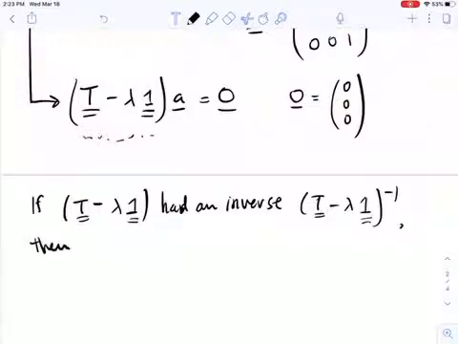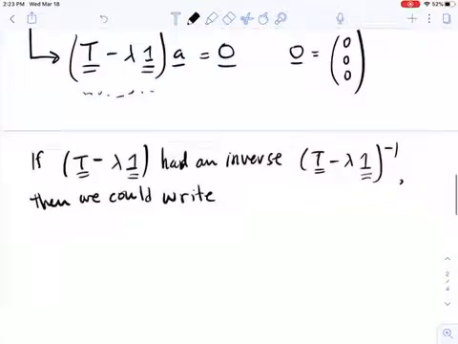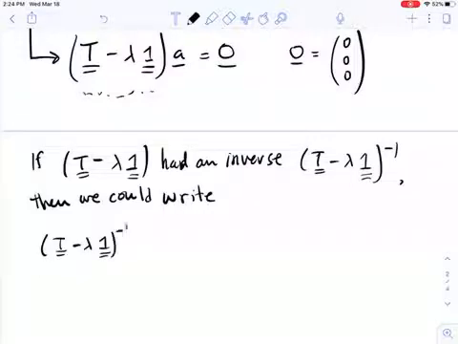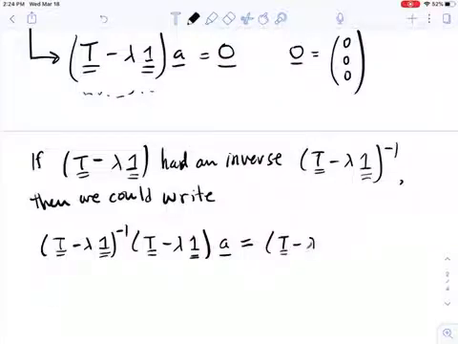Then what that would allow us to do is we could take this equation above and multiply it by this inverse, and what it would look like is T minus lambda times the identity inverse times T minus lambda times the identity times A would be equal to T minus lambda times the identity inverse times 0.